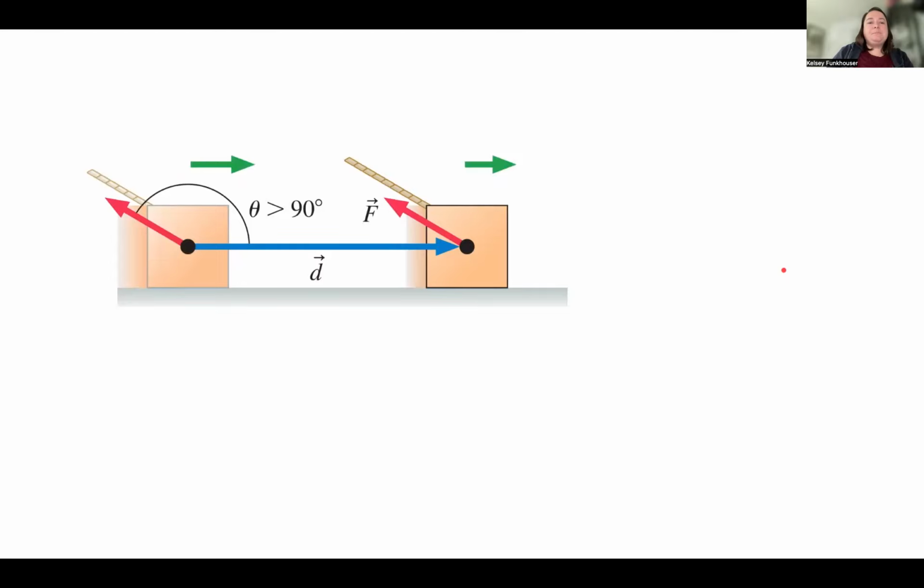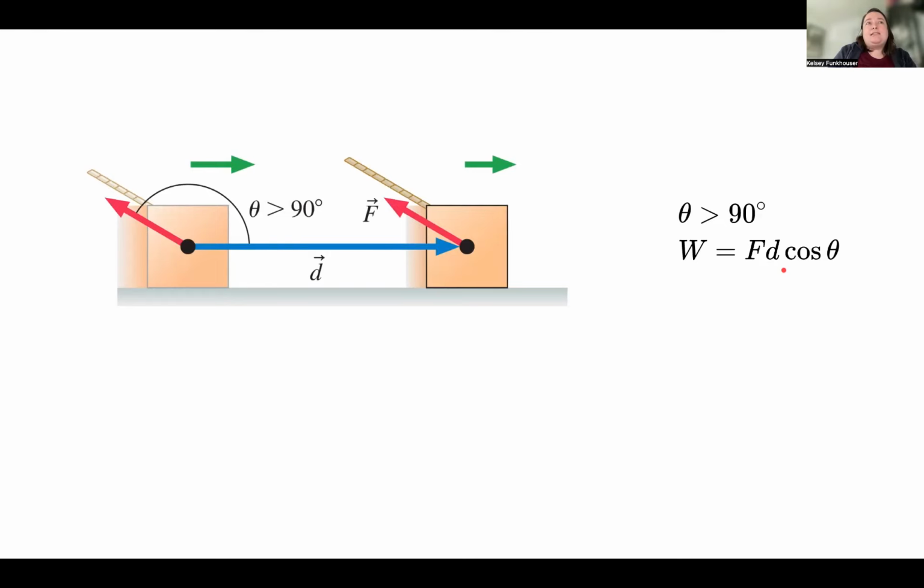Now, in this example, the force is at an angle greater than 90 degrees. So the force is partially in the opposite direction of the motion, and cosine of an angle greater than 90 degrees is negative.